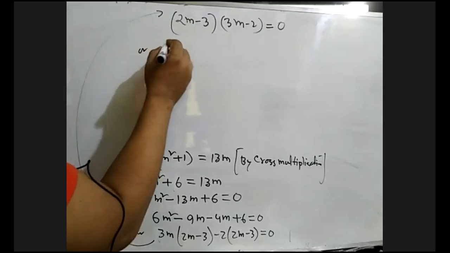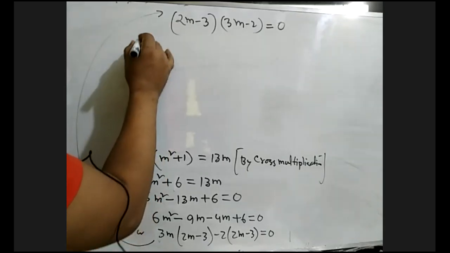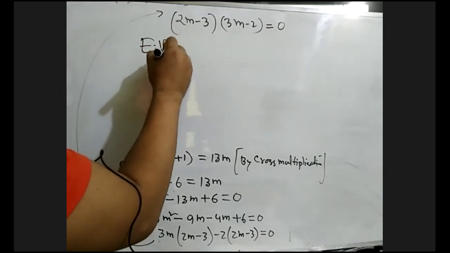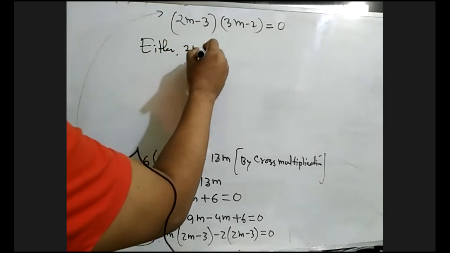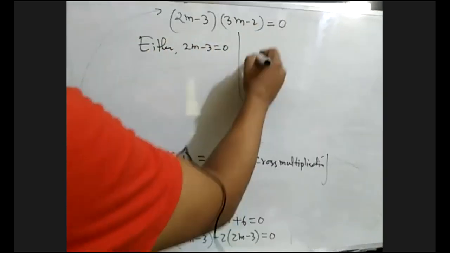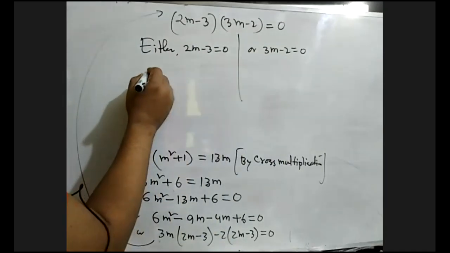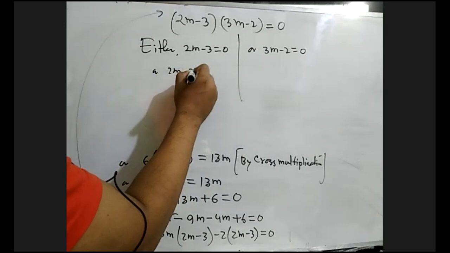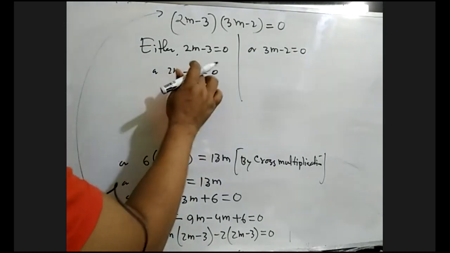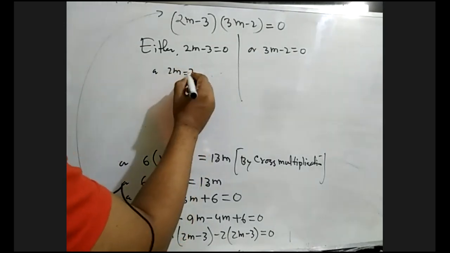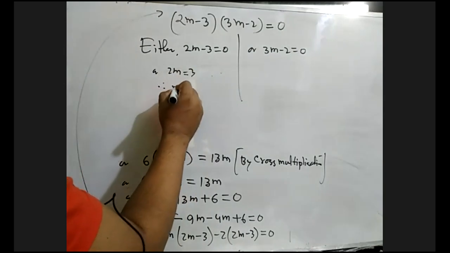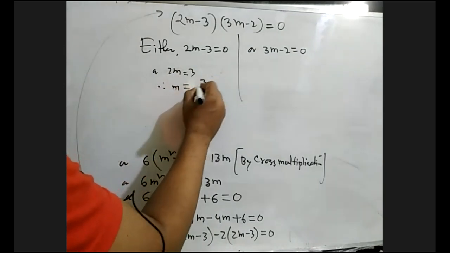So either 2m minus 3 equals 0 or 3m minus 2 equals 0. Therefore 2m minus 3 equals 0, that means 2m equals 3 and m equals 3 by 2.